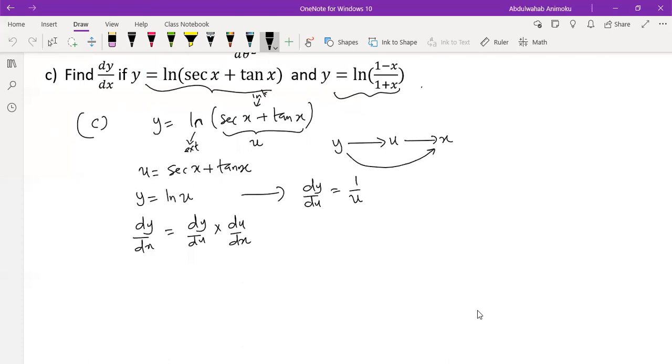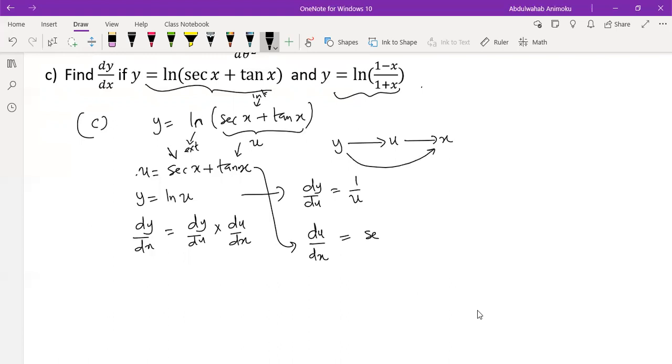Now what is left is to find du/dx, which is what we are looking at here. This is a sum of two functions, which means we have to find the derivative of the first function, which is the derivative of secant x, and add it to the derivative of tan x.